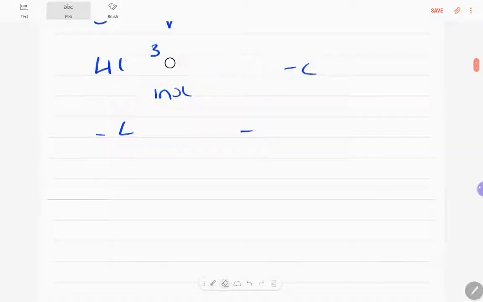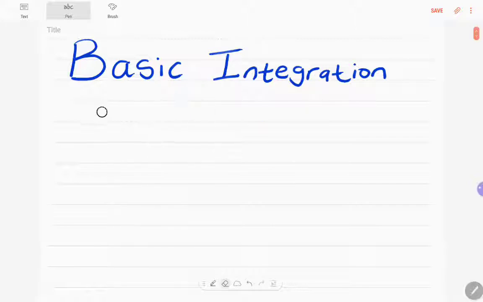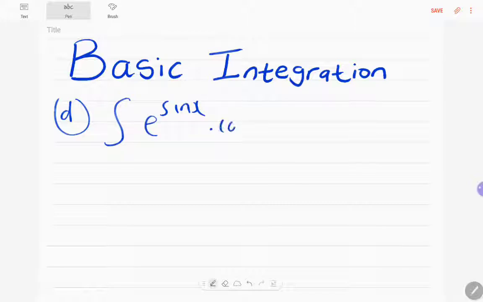Let us go to the fourth one. D, integral of e sin x cos x dx. So if you are wondering which one should you choose, you have to choose the one that you know that after differentiation and integrating at the same time, it will cancel with the other one.